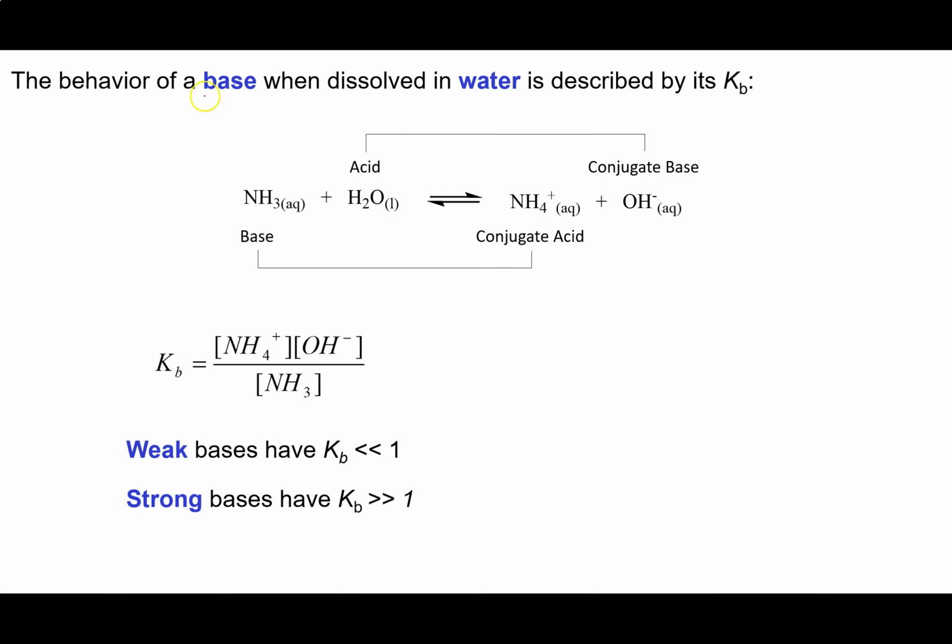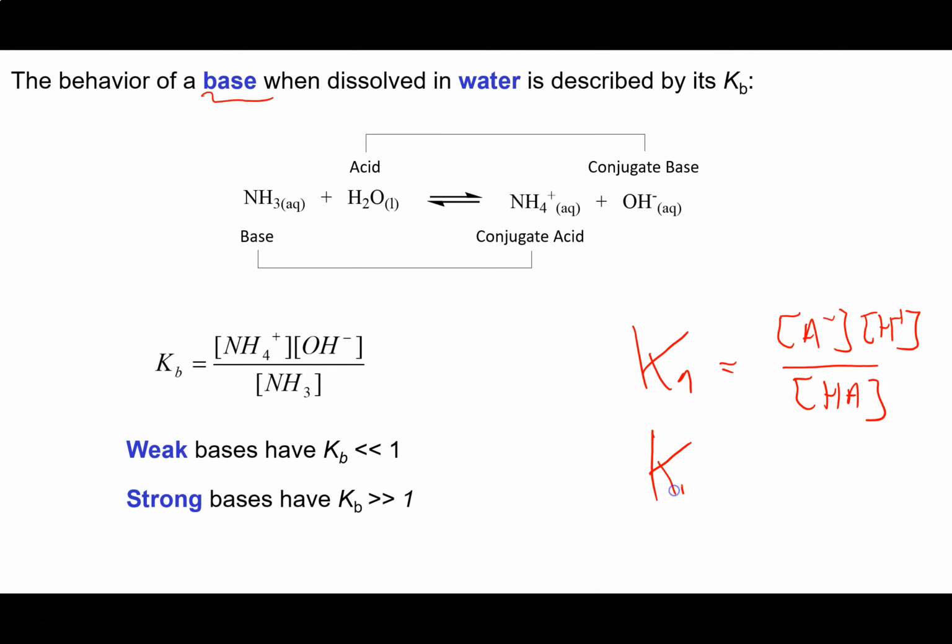Okay, so before we wrote Ka for describing the equilibria for when an acid dissolves in water, we can also write Kb, which is the ionization constant for when a base dissolves in water, the equilibrium constant for when a base is dissolved in water.